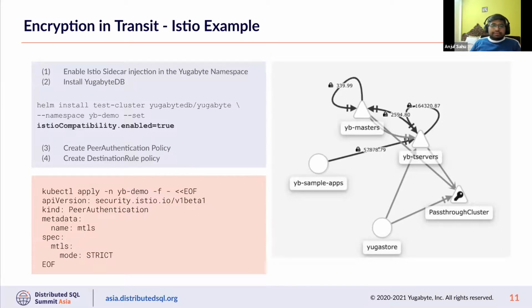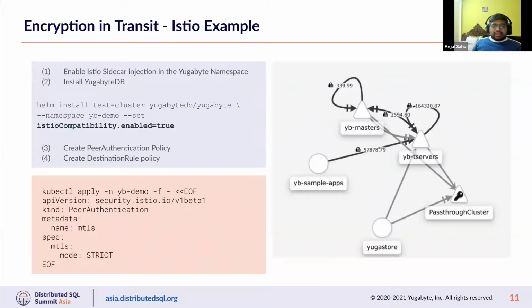Istio compatibility should be set to true. Once that is there, you can create the peer authentication policies and destination rules, where you can define the mutual TLS settings.